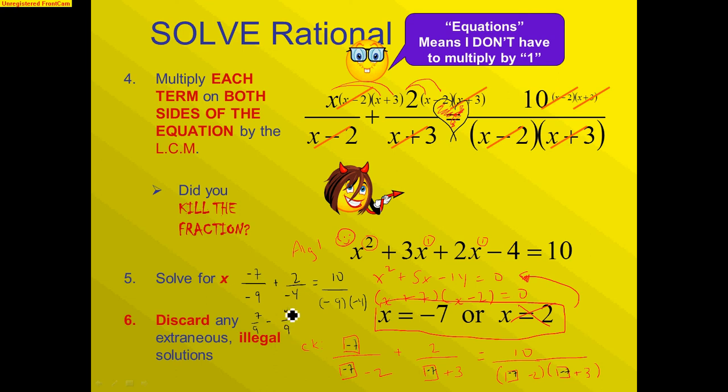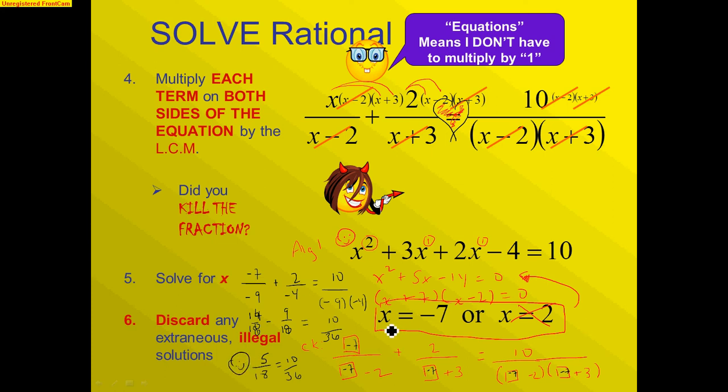So I'm going to make this 9 over 18, and I'm going to make this 14 over 18. Is that equal to 10 over 36? So 14 minus 9 is what? 5 over 18. Is that the same as 10 over 36? Right, multiply both of these by 2, and yes, they are the same.